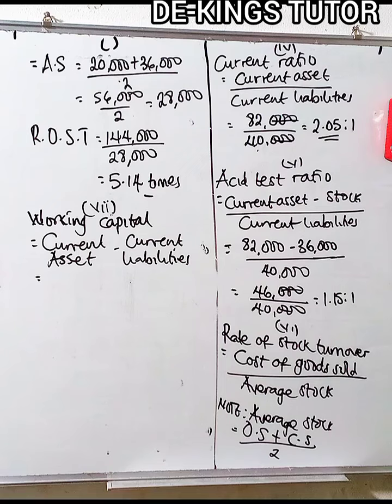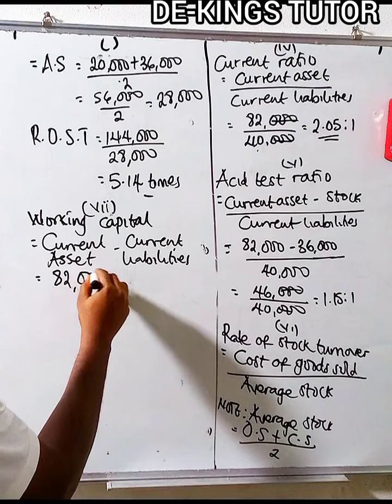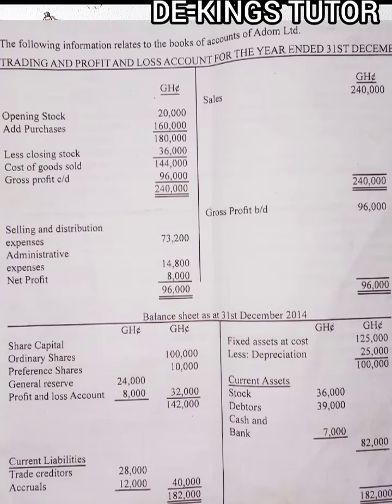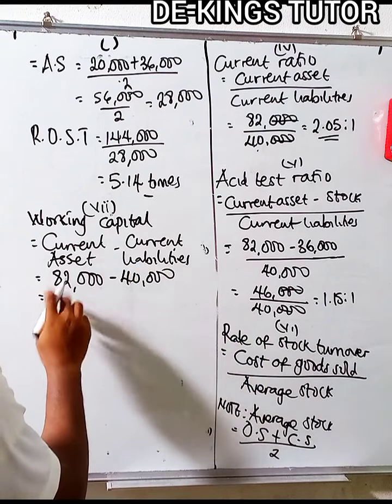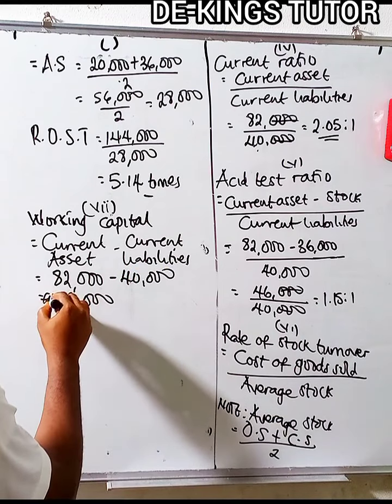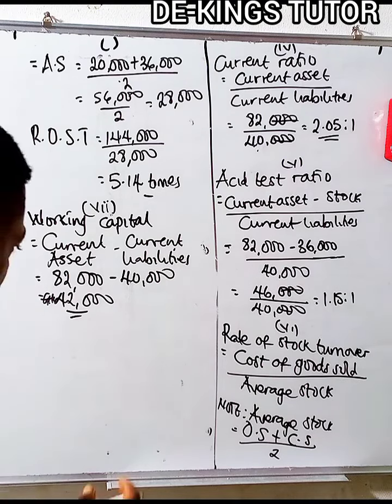Now from the question there, all the current assets, 82,000, minus all the current liabilities, 40,000. So 82,000 minus 40,000 gives us 42,000 Ghana cedis. So the working capital is 42,000.